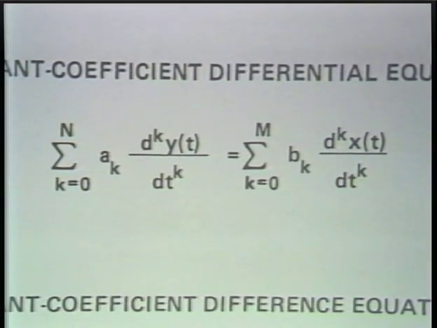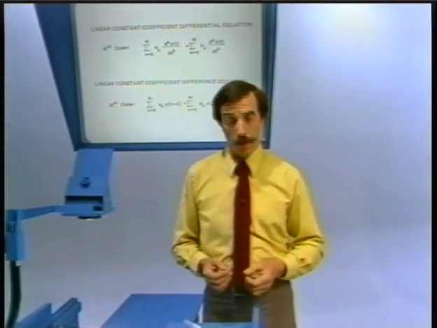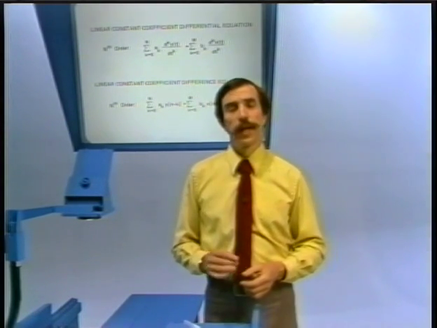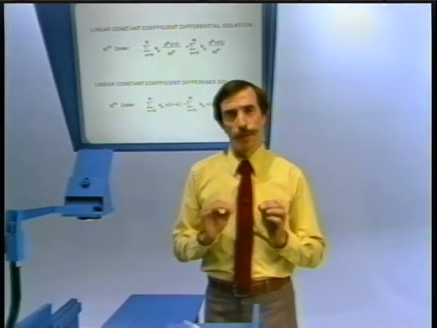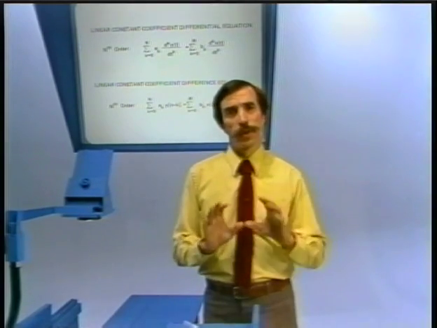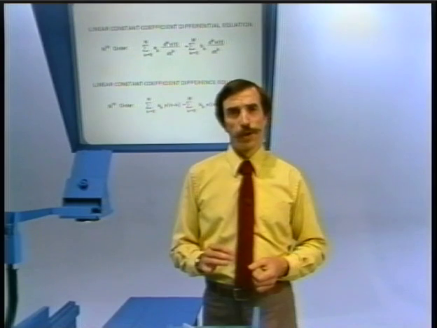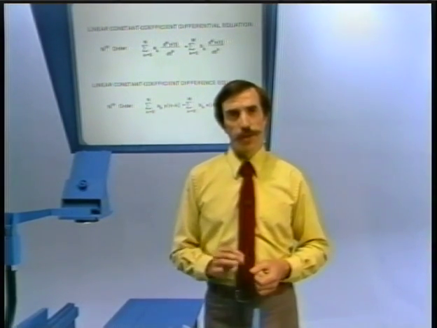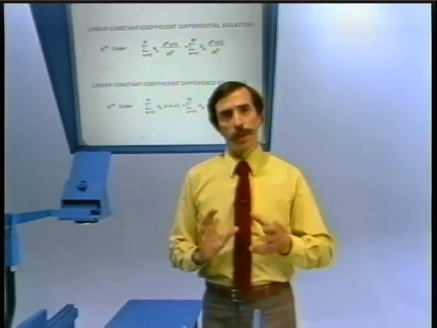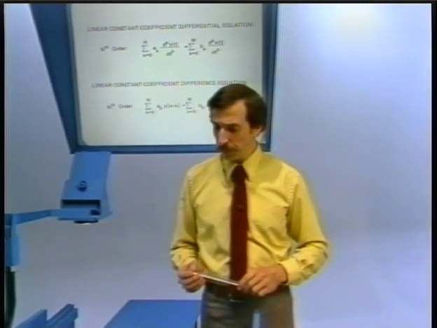And it's referred to as a constant coefficient equation, of course, because the coefficients are constant, in other words, not assumed to be time varying. And it's referred to as linear because it corresponds to a linear combination of these derivatives, not because it corresponds to a linear system. And in fact, as we'll see, this equation may or may not, in fact, correspond to a linear system.